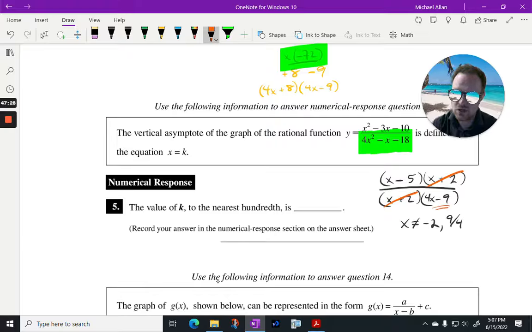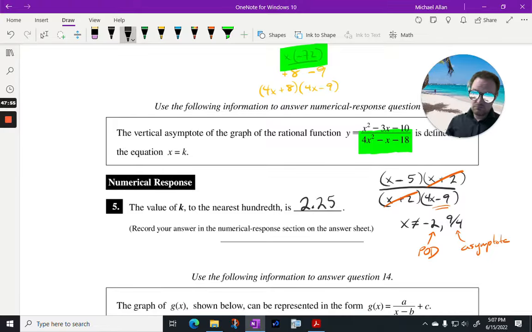The one that crosses off becomes a point of discontinuity. The other one is my asymptote. So my asymptote is going to be 9 over 4, 2.25. Yep. Good.